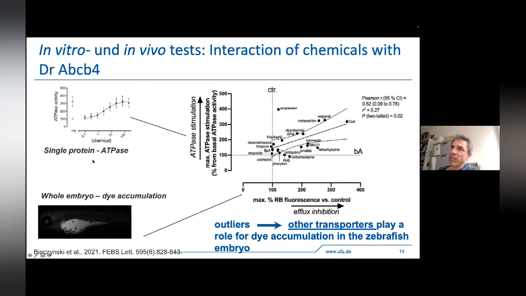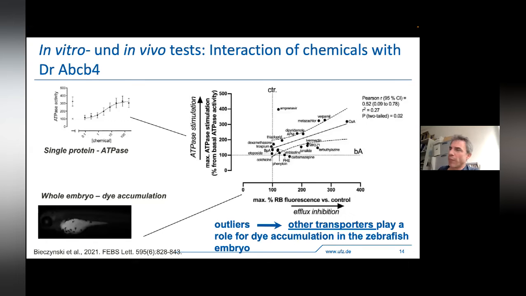So we performed single protein ATPase assays and whole embryo dye accumulation assays on the other side. And as you can see, there is a correlation of the data, but there are lots of outliers, and we think actually that this is a sign that there are other transporters in the zebrafish that also are responsible for efflux of rhodamine dye. And so other transporters are active.